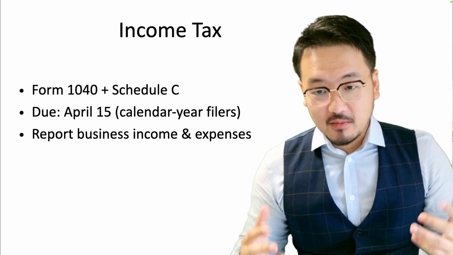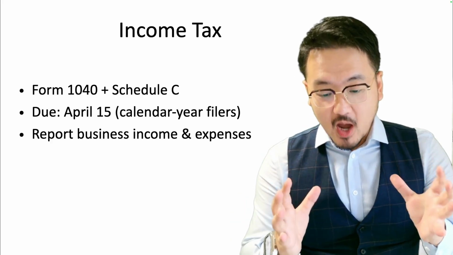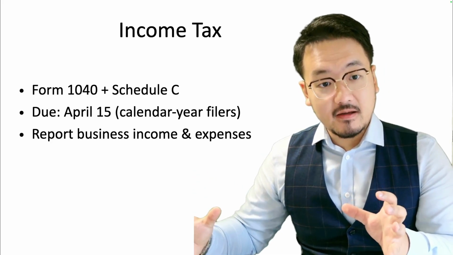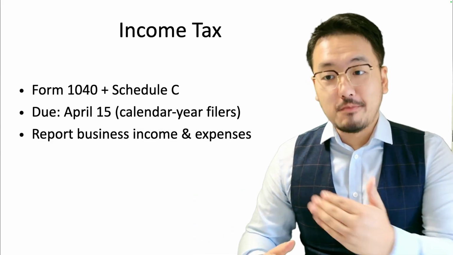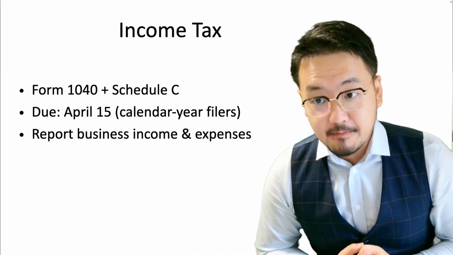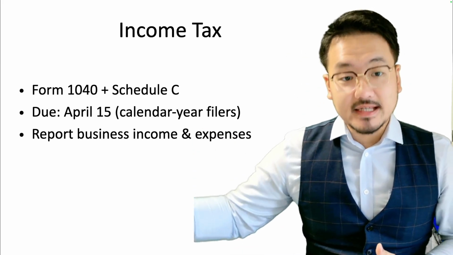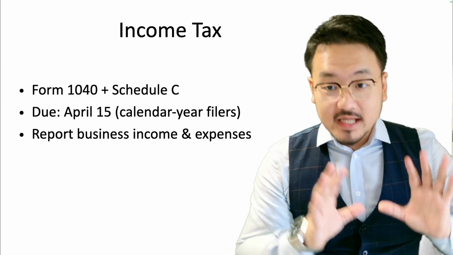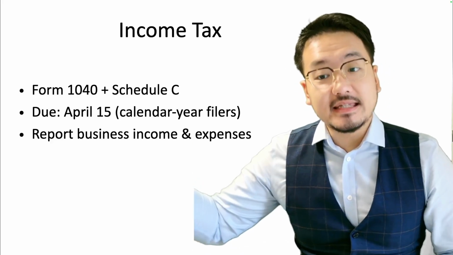So for example, the tax year most of the time is the calendar year, right? The year ends in December, so most of the time your tax year also ends in December.